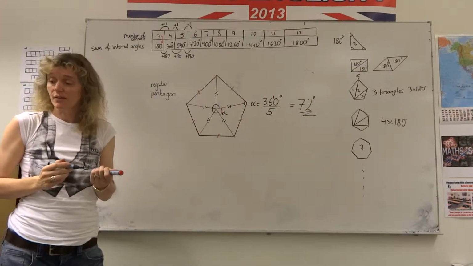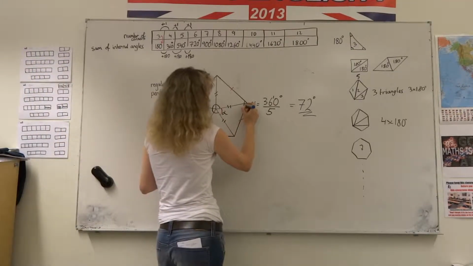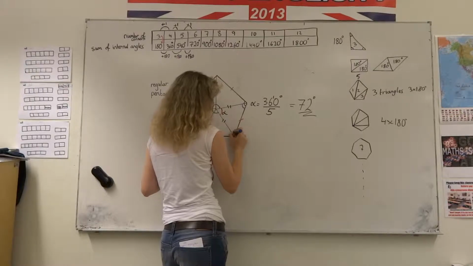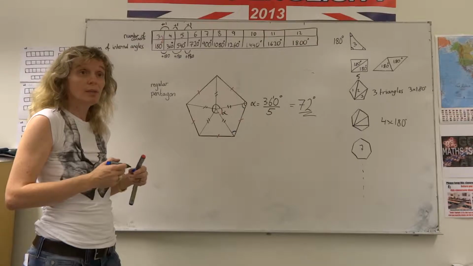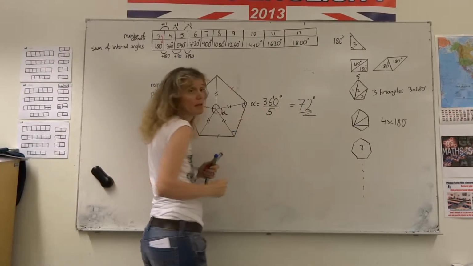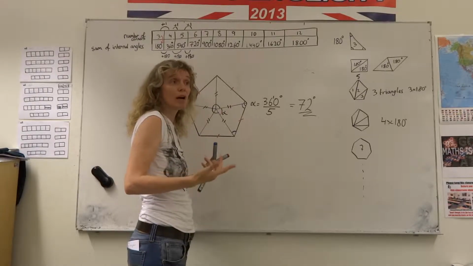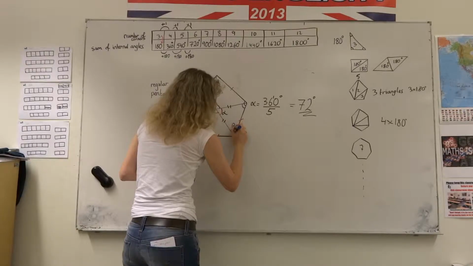Now we have to look at the rest of our triangle. Because what do we know about the rest of our triangle? Well, we know that this angle here plus this angle here in our triangle must be identical, and each of these must be 180 minus 72 divided by 2. So let's call this angle beta.